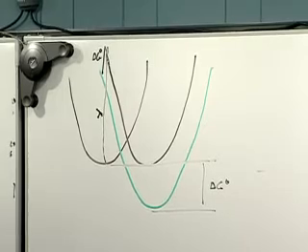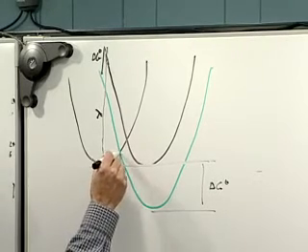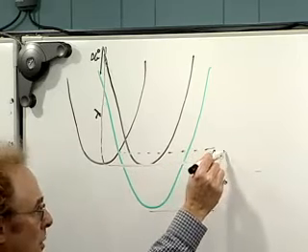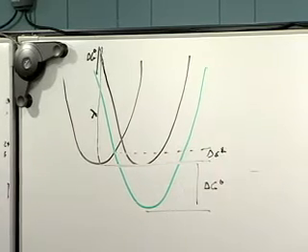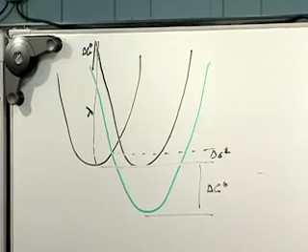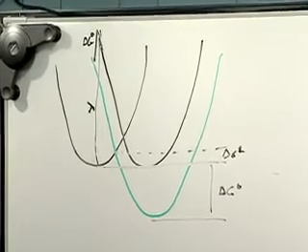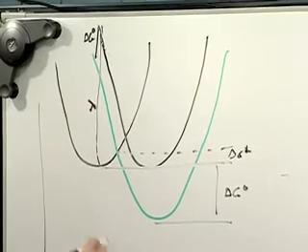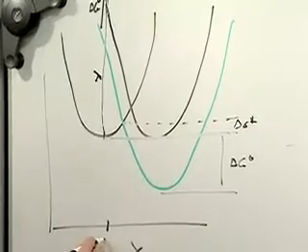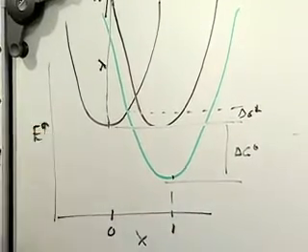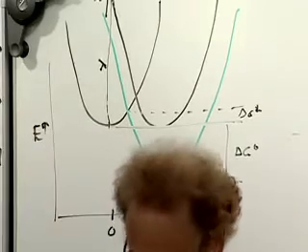And now what we want to know is delta G star, right? Now, since everything's parabolic, we're assuming the same force constants, we can work that all out. We again say this is x, this will be 0, this will be 1, this will be energy, right? We can work that all out.